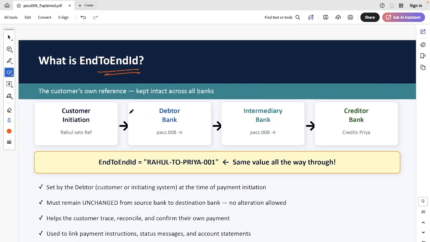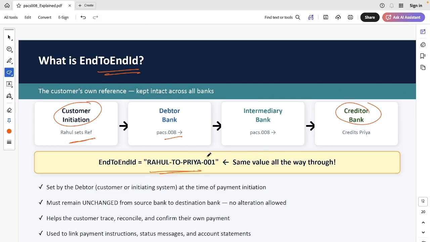EndToEndId is the reference that links the payment from the customer side to the final beneficiary side. So when Rahul has initiated a payment, the bank or the initiating system may assign a reference like Rahul to Priya.001. This reference travels through the payment chain without being changed.